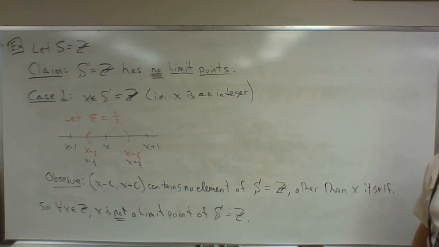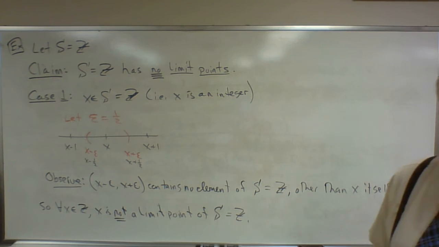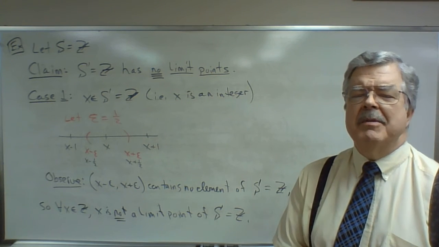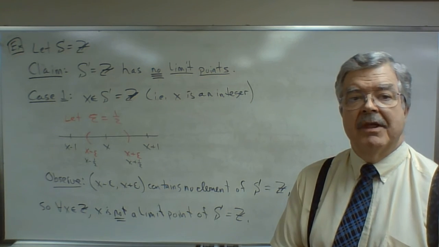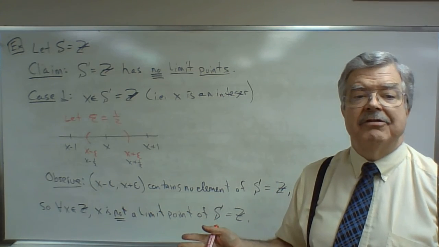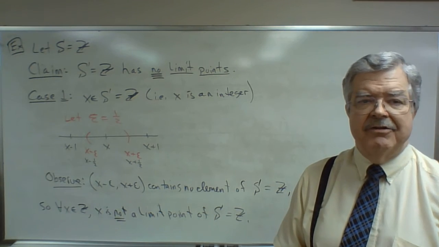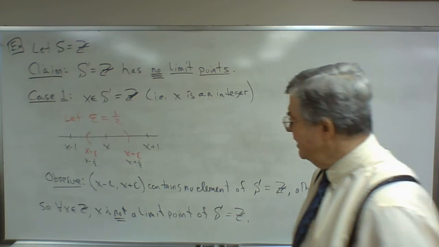I'll let you look at that for just a second. So no integer can be a limit point of the set of integers. The only remaining candidates are those real numbers that are not integers. So let's take a look at one.